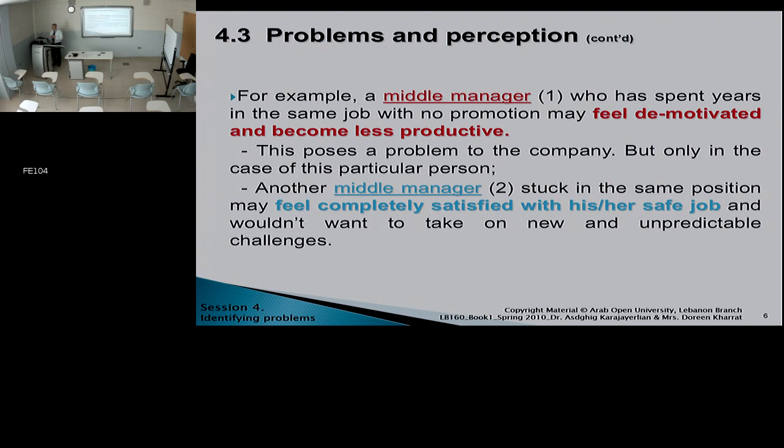Another middle manager, the other example, is stuck in the same position, the same job, right? Spent 20 years, but he feels happy and satisfied every day. He's happy with his employees, he likes his job, he likes his life, he doesn't want to change. But we have two different views of the same position, and this is called perception.